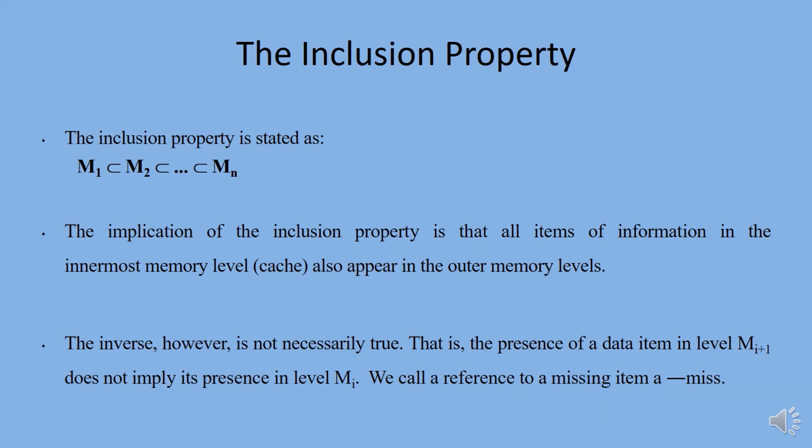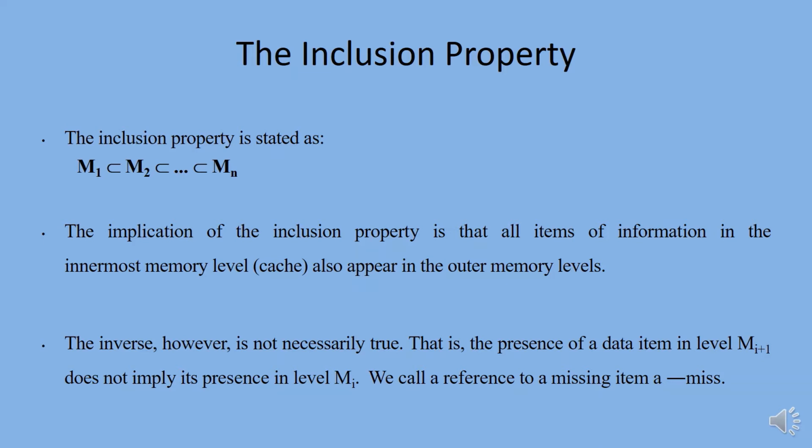A word miss in Mi implies that it is also missing from all lower levels Mi-1, Mi-2, up to M1. The highest level is the backup storage where everything can be found.